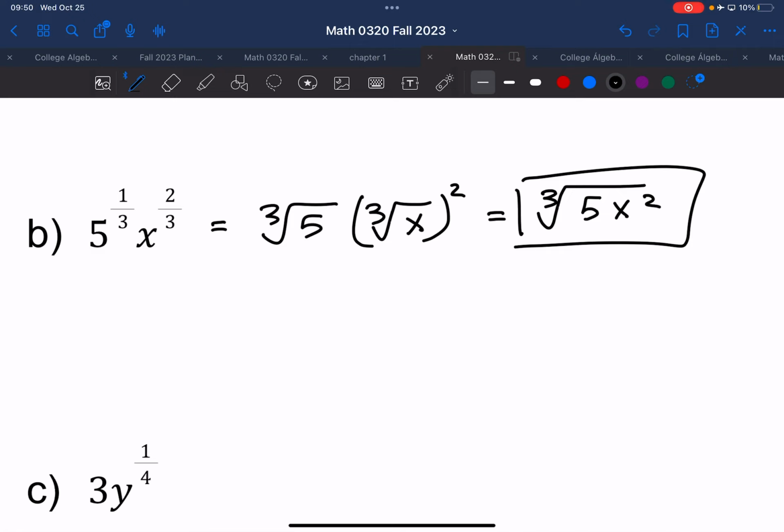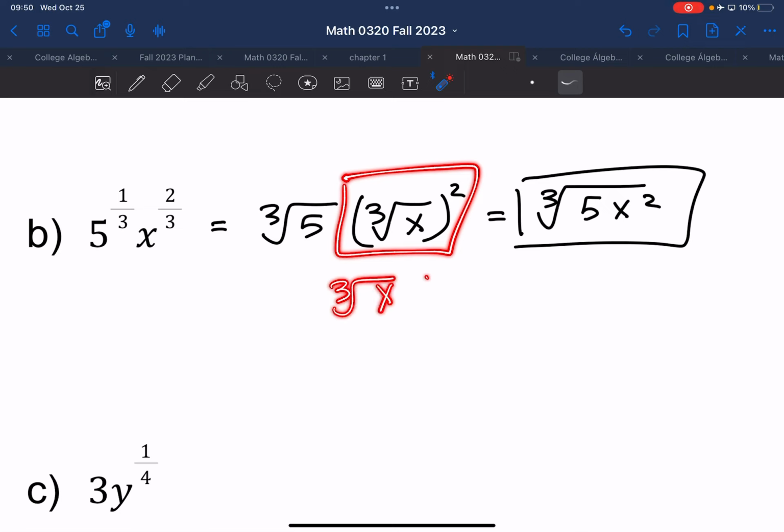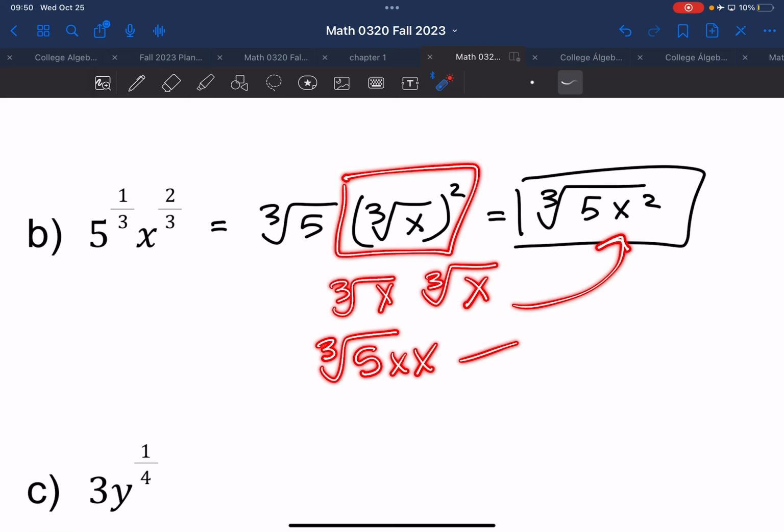The reason for that is that since it's saying the cube root of x squared, that's the same as saying the cube root of x times the cube root of x. That's where that x squared came from, because that is the same as putting this all together, the cube root of 5xx, which again is the same as that x squared.